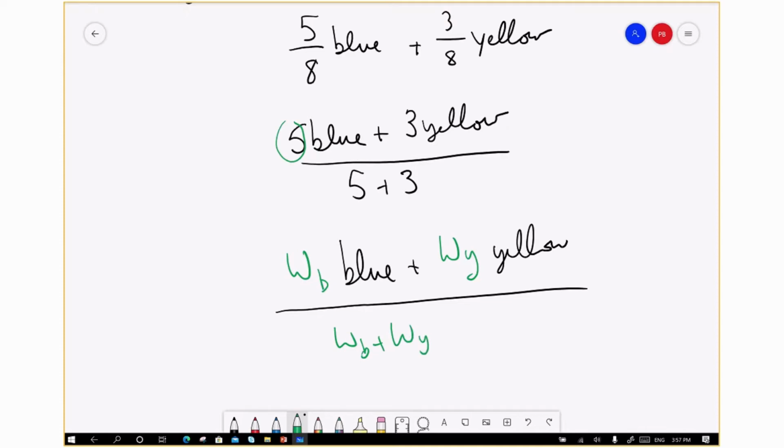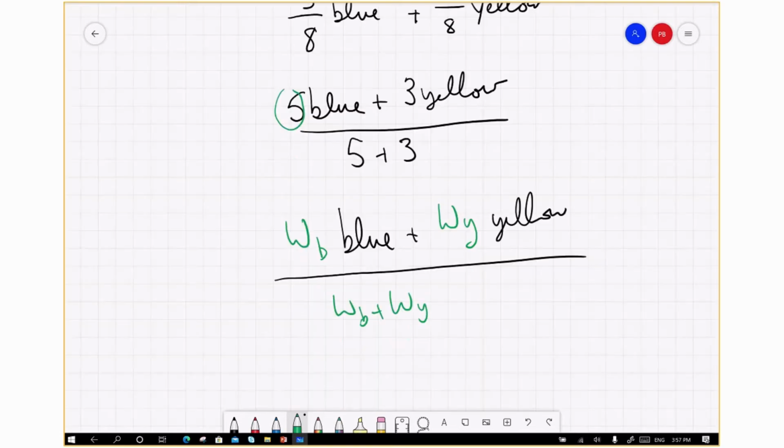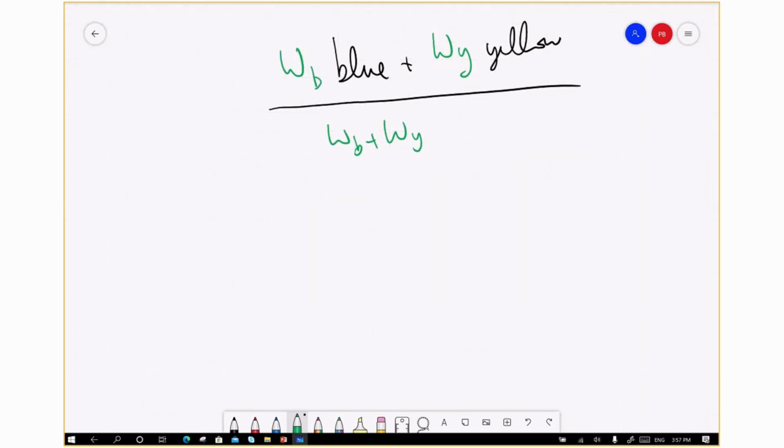So the whole idea is that we're going to try to estimate the population variance. And we're going to do that using a pooled estimate.